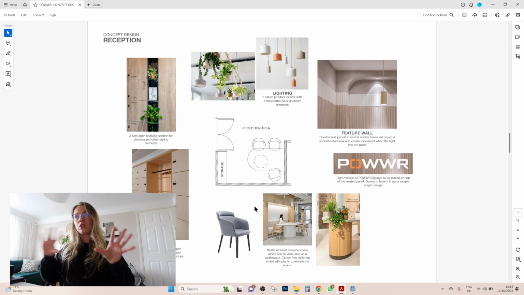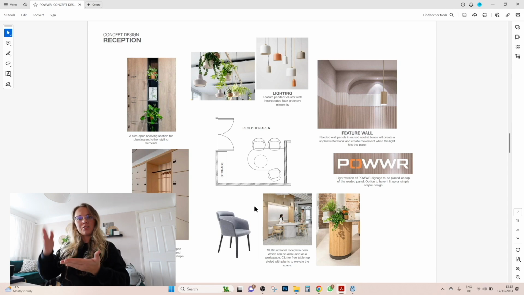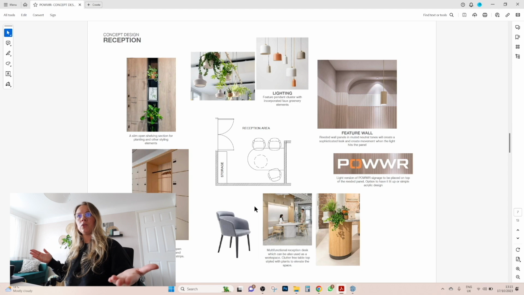As we talk through the different areas, we start with the journey of the employee, visitor or guest, whoever is going into the space. I always think that is the best way to start explaining your concept. You can imagine how you are walking through the space.